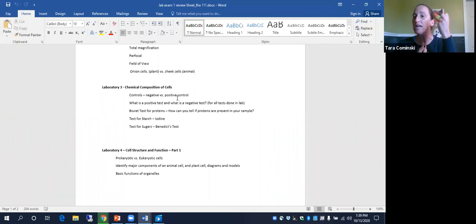A negative control is something you know should be negative, like water. A positive control is something you know should test positive. If you're testing for starch, your positive control tube should have starch in it. If you're testing for glucose, it should have glucose in it. Does that make sense to everyone? Okay. Other questions?